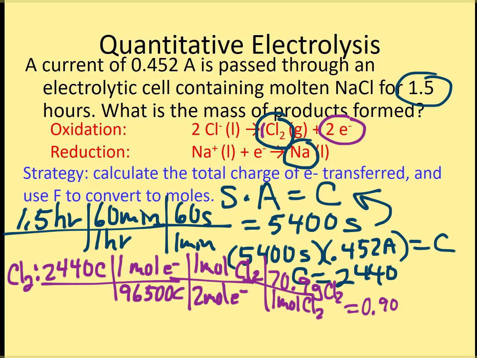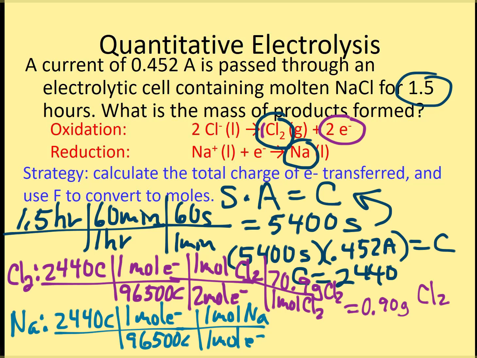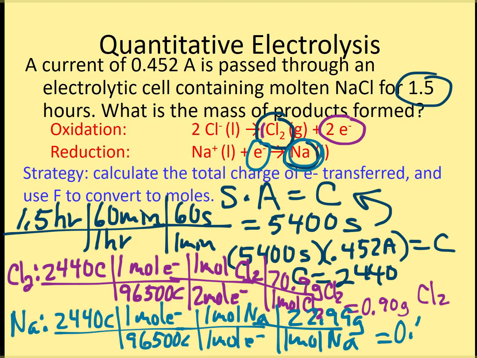And I get 0.90 grams of my chlorine. We're going to repeat the process now for the sodium. This time in our equation, we have 1 mole of electrons for every 1 mole of our product. So it's a little bit different than the chlorine in that regard. And for my answer, I get 0.58 grams of the sodium.